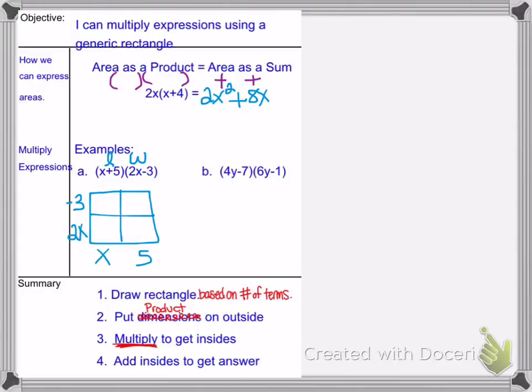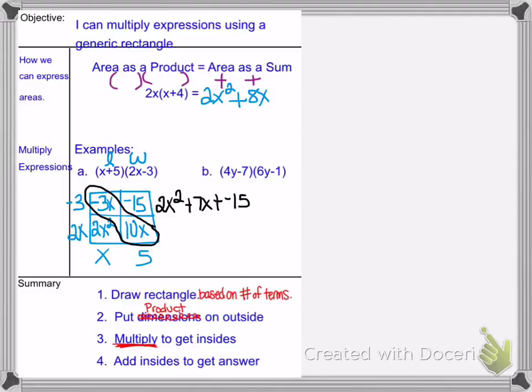And then multiply to get the interior area of your rectangle. Here is the solution to example letter A. Notice how it is 2x squared, negative 3x, 10x, and negative 15. Remember to make sure that you combine like terms and be very careful with your positive and negative x's.